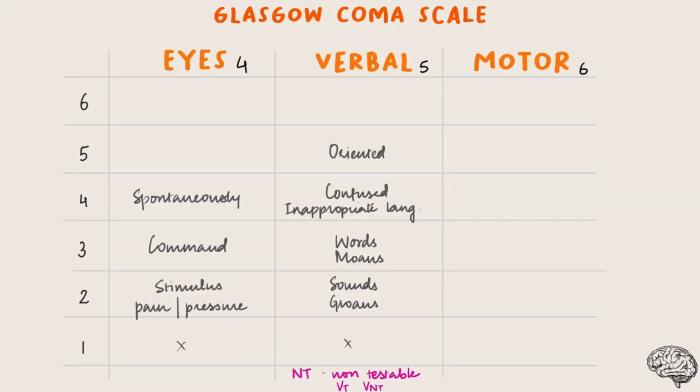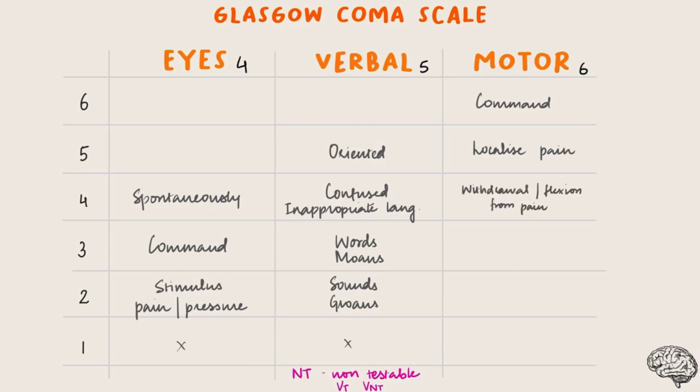On examination of the patient, if they follow the commands given by the examiner, like moving a digit, we give them the best score on the scale, which is a score of 6. When the patient localizes the pain, we give them a score of 5. When the patient withdraws from pain, pain being a stimulus that we're giving to the patient, if they withdraw or flex away from the pain, we give them a score of 4.